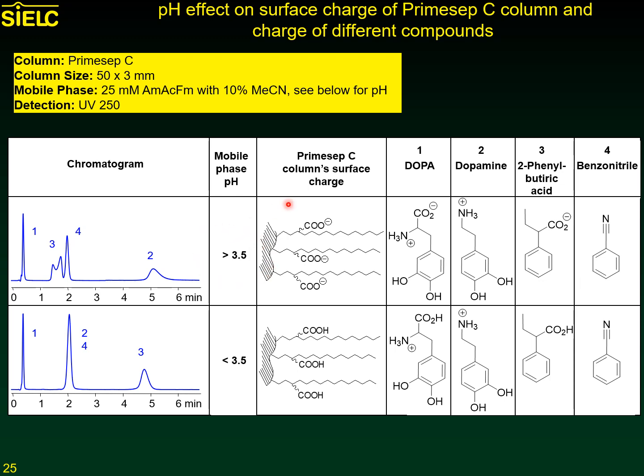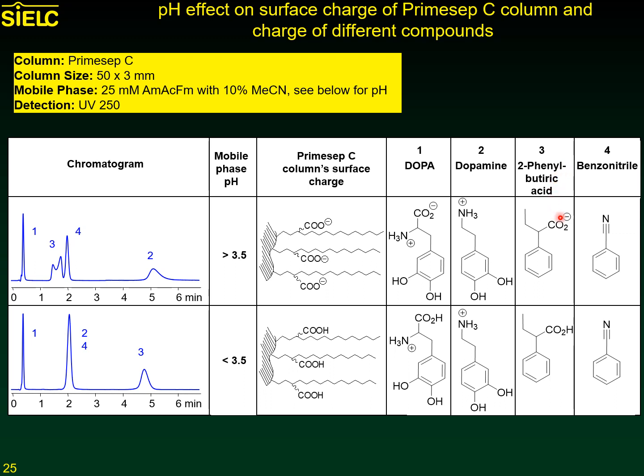As such, the Primesep C column's surface charge is present, and you are able to make use of both a reverse phase and ion exchange mechanism for separation. The analytes also have different ionization states under these conditions. DOPA is in its zwitterionic form, which is why it elutes first. Dopamine is in its ammonium ion form, which is why it retains the longest on the column, as it's participating in ion exchange with the carboxylate groups.